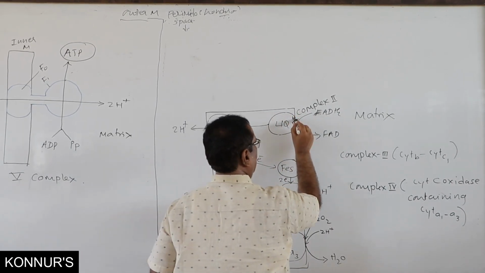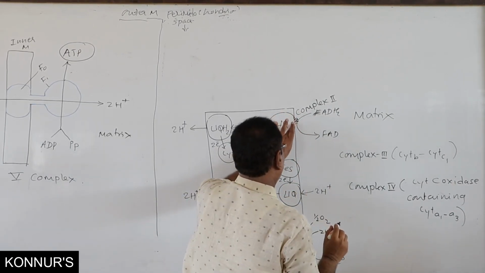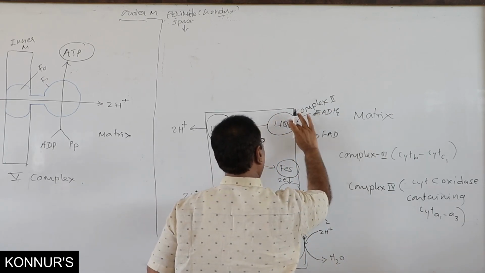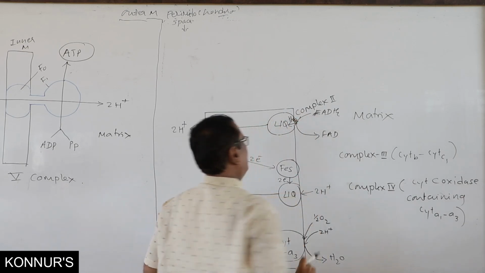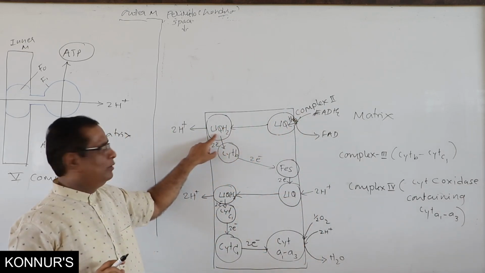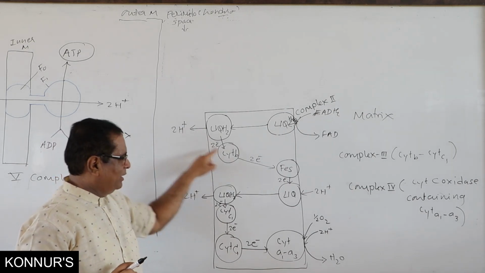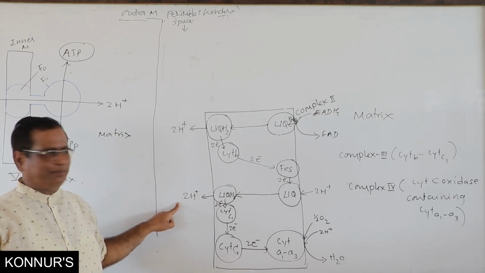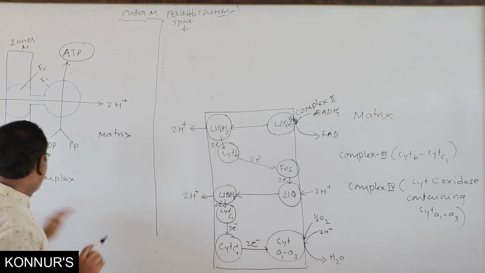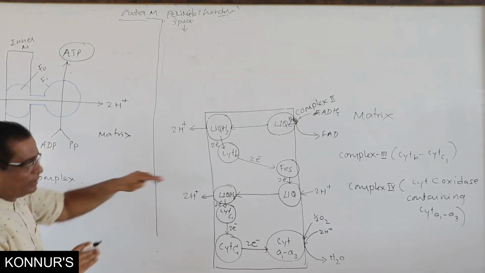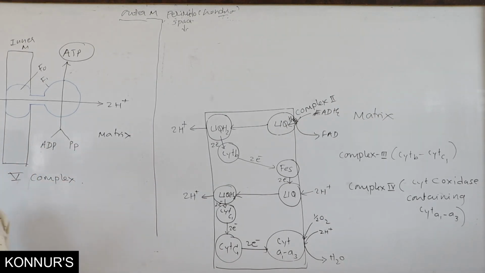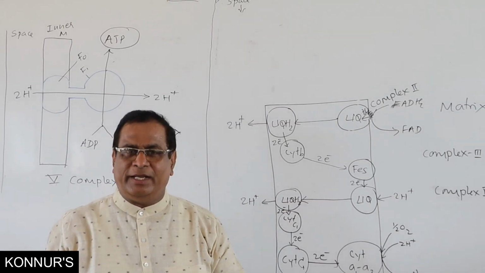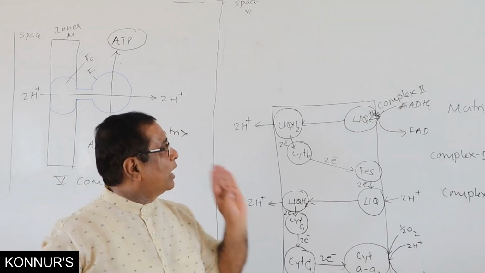Those 2 hydrogen atoms enter here only, and reduce ubiquinone. 2 protons are pumped in. The same thing is continued, but in only 2 regions protons are pumped, and those protons are pumped back, and 2 ATPs are formed. So for the formation of ATP from FADH2, complex 1 is not there.